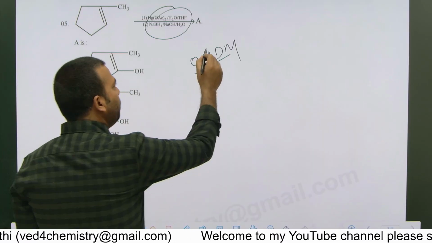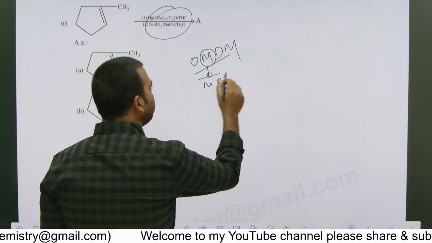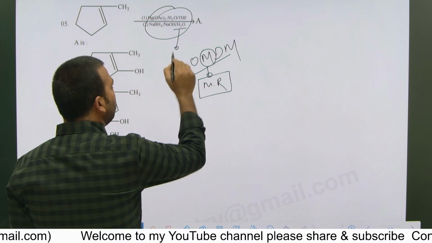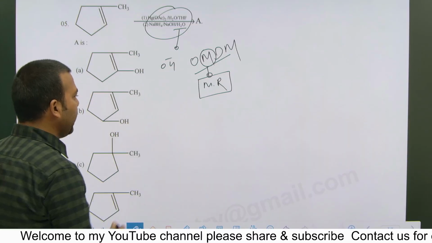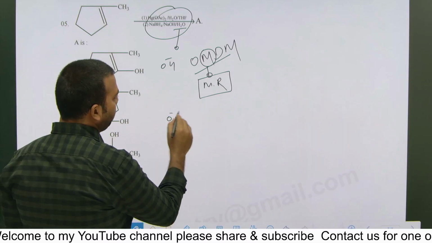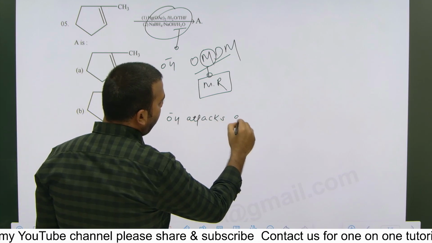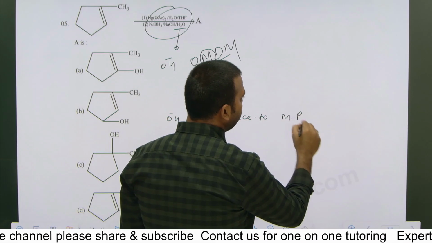This is oxymercuration. So 'mer' means Markovnikov's rule you have to apply. And the reagent is H2O, which produces OH minus as a nucleophile. So OH minus attacks according to Markovnikov's rule.